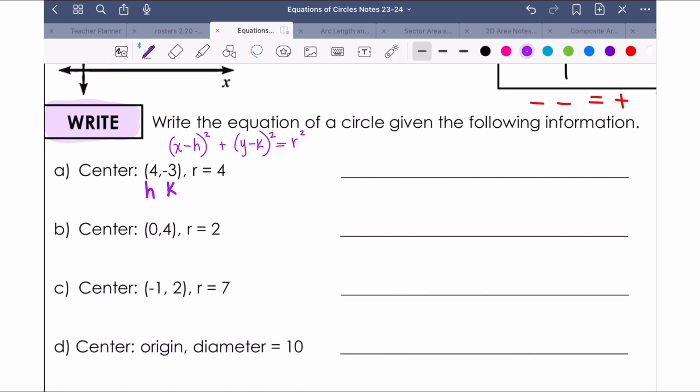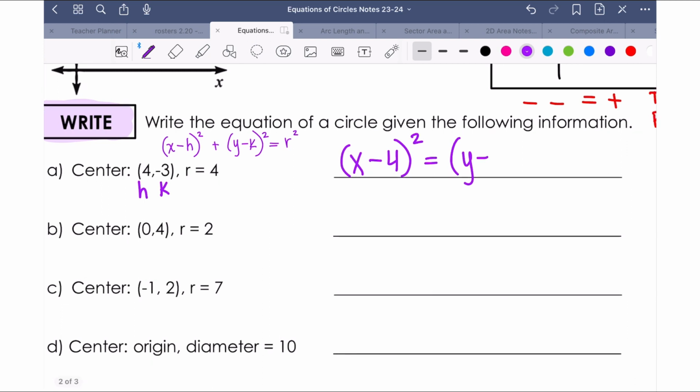So like a recipe, parenthesis, x minus, what's next? h. So what's my h? 4. (x minus 4) squared equals, parenthesis, y minus a -3. So this is the one we need to be careful for. If I do y minus -3, that turns to positive.